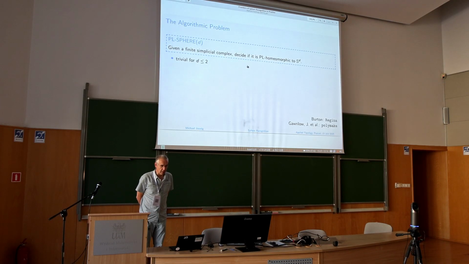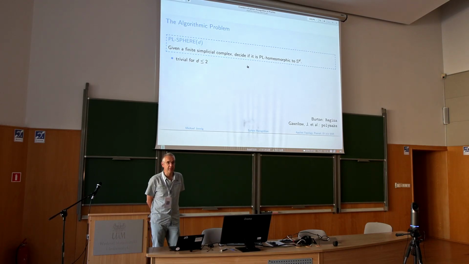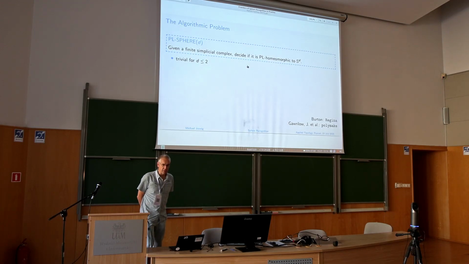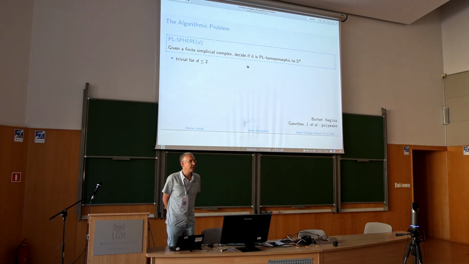So what's the algorithmic problem? You have a finite simplicial complex given, let's say, as the list of facets, and you want to ask, is this PL homeomorphic to the standard sphere?